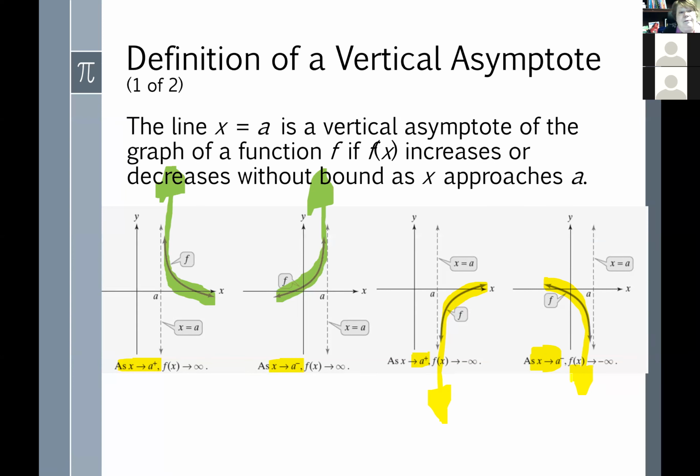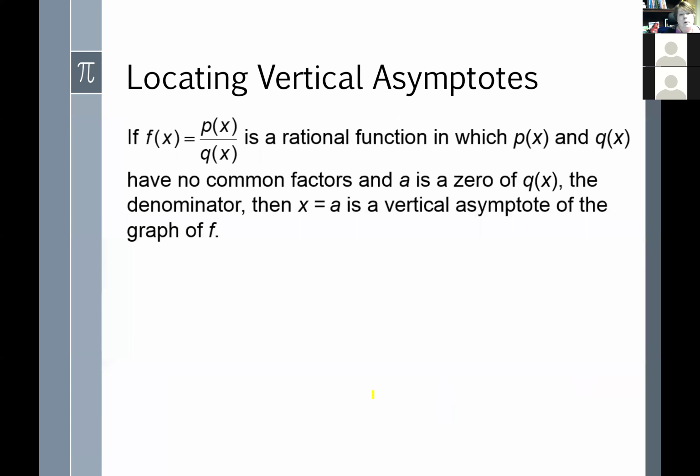Okay, how do you find these things? Well, given a rational function that's a ratio of two polynomial functions, so the numerator p of x is a polynomial function, and the denominator q of x is a polynomial function. If I cancel any common factors in the numerator and the denominator of this function, cancel those.